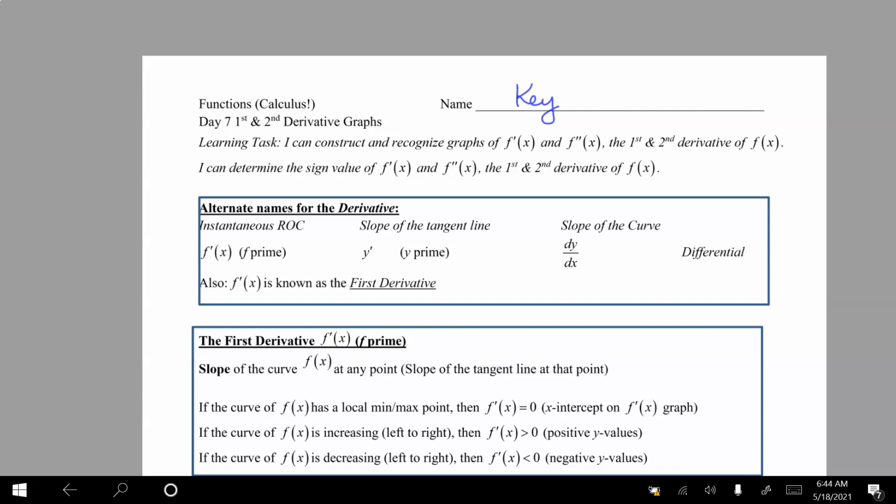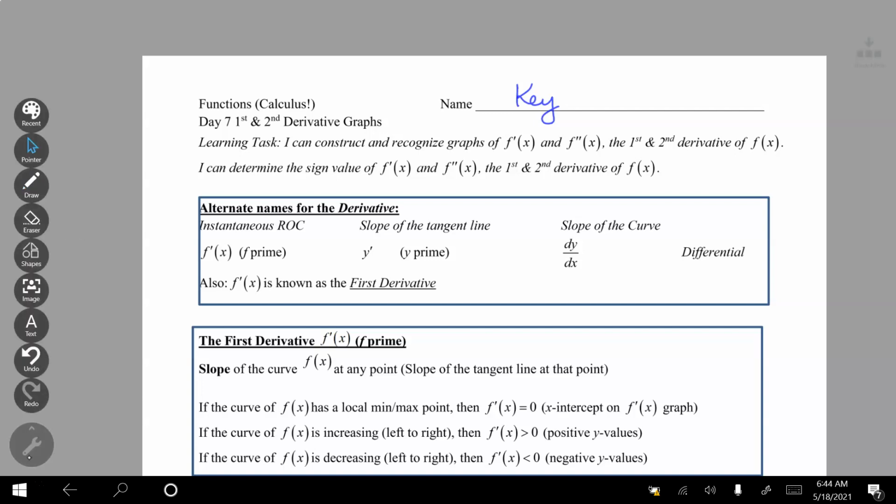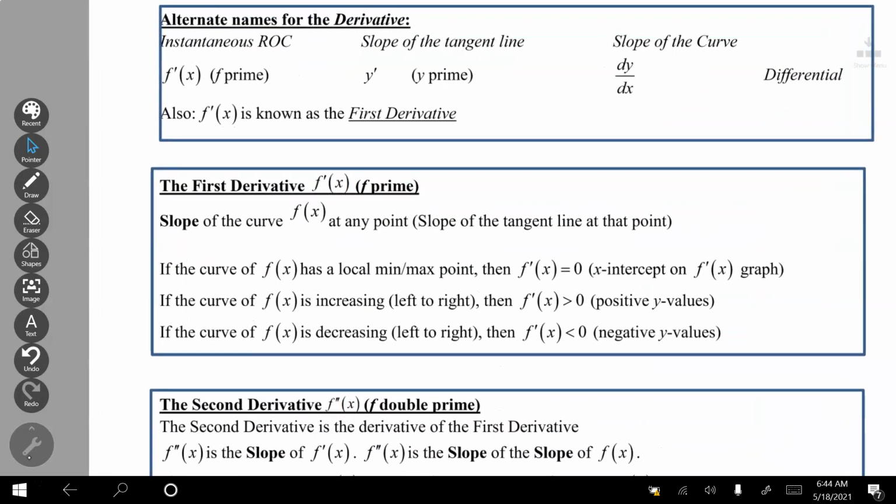So again, the derivative is f prime or y prime or dy over dx, and f prime, because it only has one tick mark, is known as the first derivative. And topics we've talked about with f prime, the first derivative: it is the slope of the function at any point, the slope of the tangent line. So there are local mins and maxes when f prime is equal to 0.